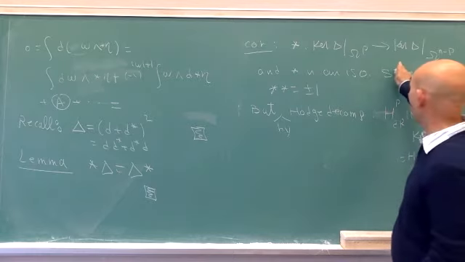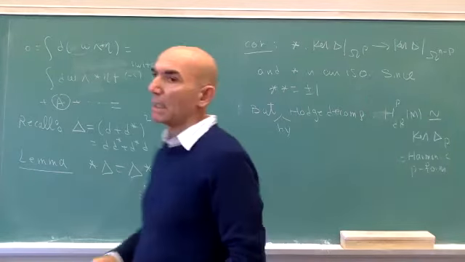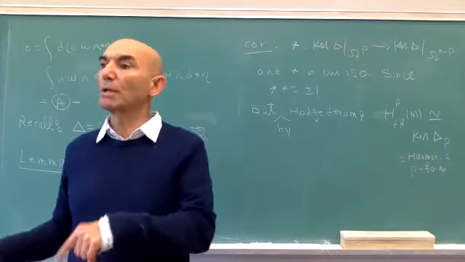Okay, so that's very nice now. This shows that the p-th Betti number is equal to the (n minus p)-th Betti number.